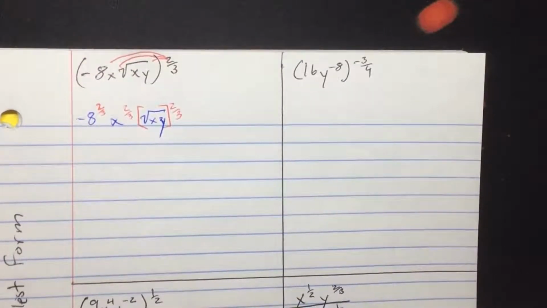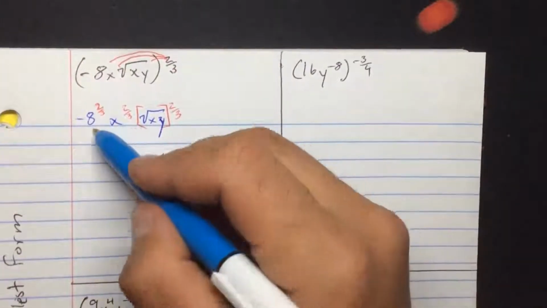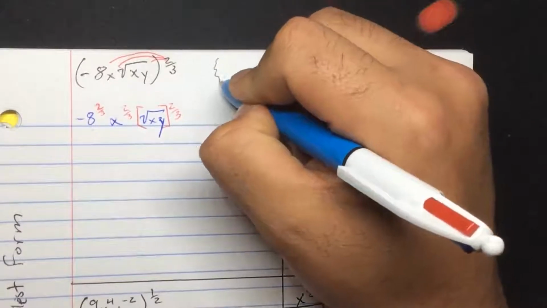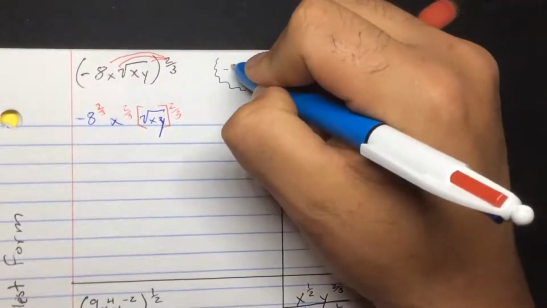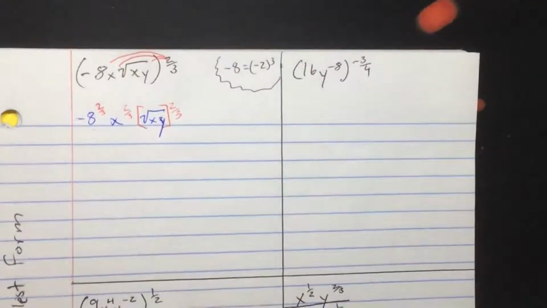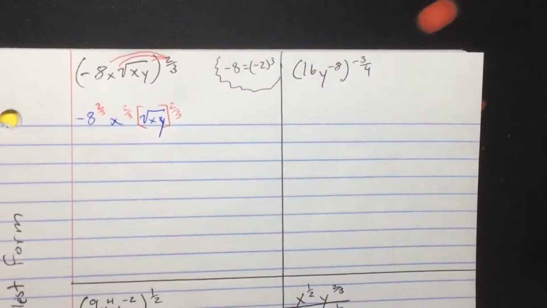That being said, we can go ahead and work these out. A little side note: our -8 is equal to -2 cubed. So we're going to use that. We have our blue again.